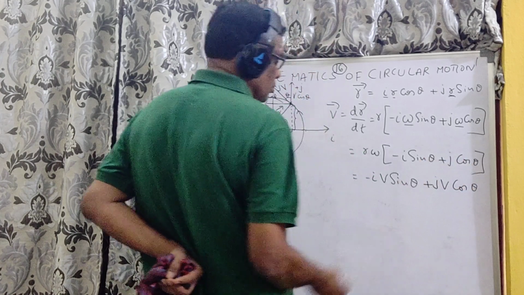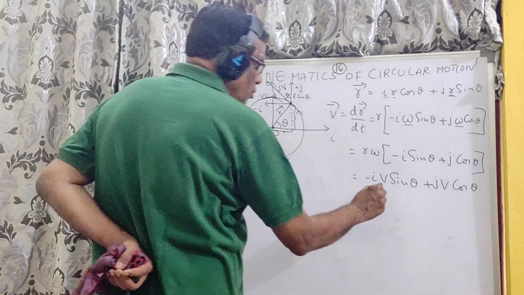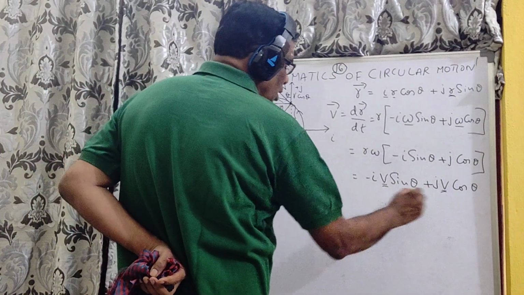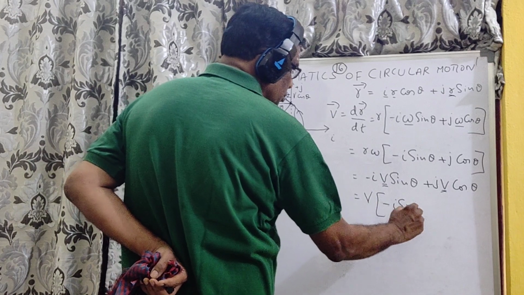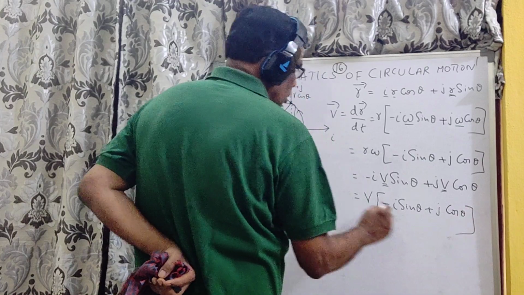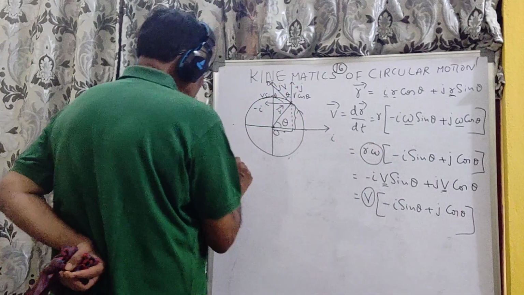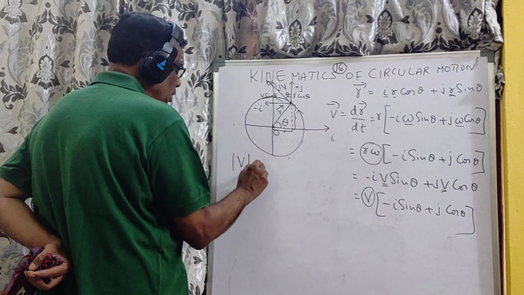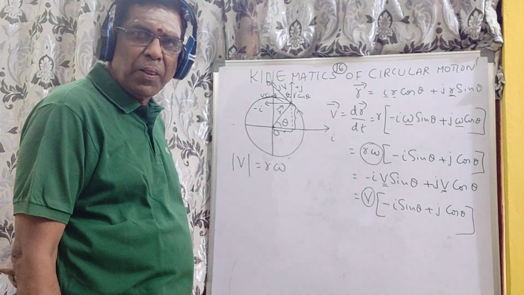V is the magnitude. Now this V is common. By analogy, your mod V is r omega.